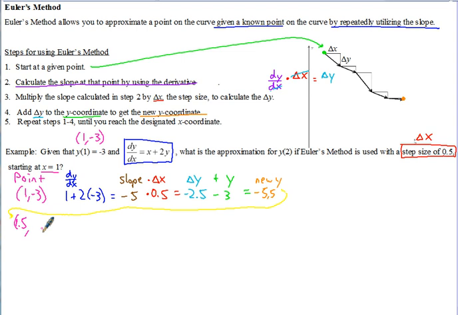And the new y coordinate we just figured out is negative 5.5. So let's find the slope at that point. So x is 1.5 plus 2 times y, which is negative 5.5, gives you the slope. 2 times negative 5.5 is negative 11, plus 1.5 is negative 9.5.